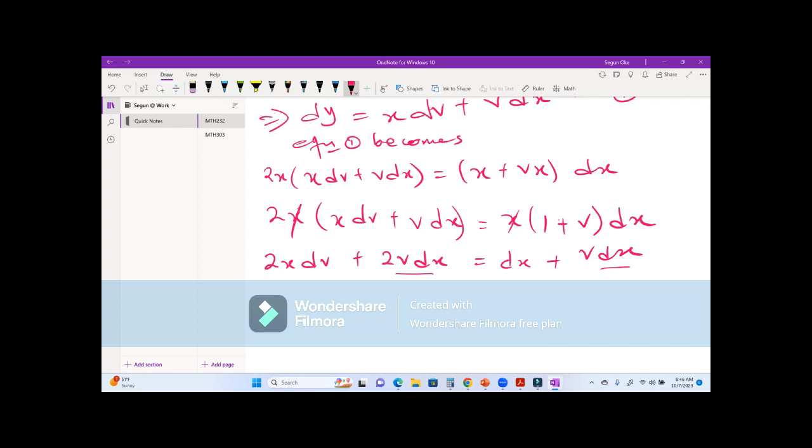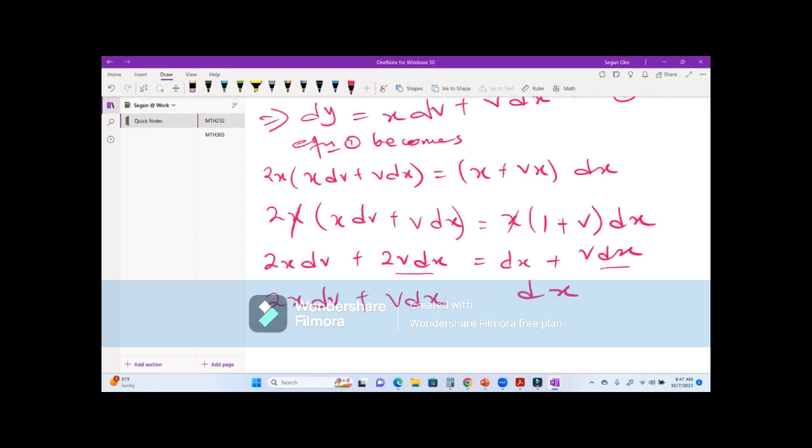So if I match the two together, what do I have? That should be v. So it's going to be 2x dv plus this. If I remove one of these from here, it will give me v dx equals to the x.